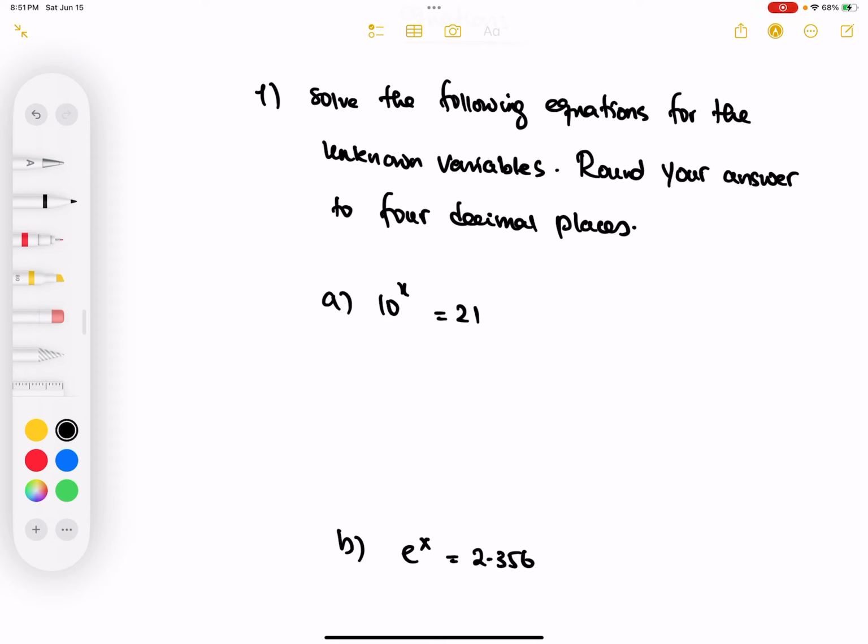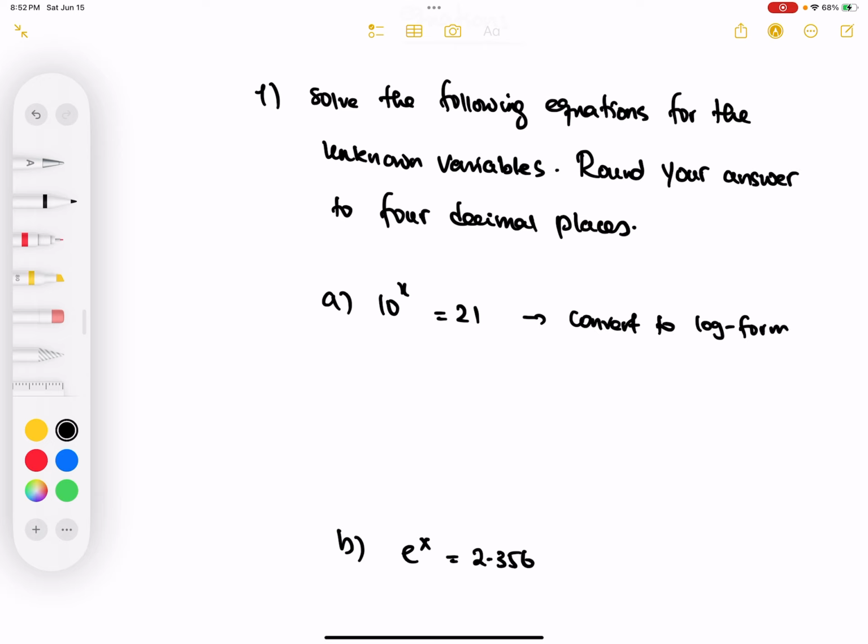If you look at this one, the base is 10. 10 to the power of x is equal to 21. So how can we find the value of x? You have to use your calculator, so make sure it is ready. First, convert this to log form.